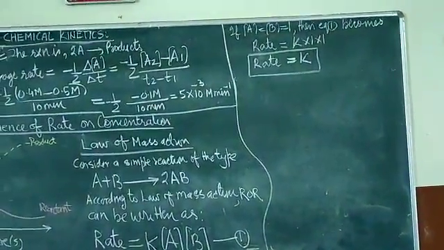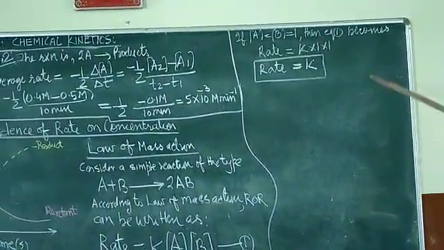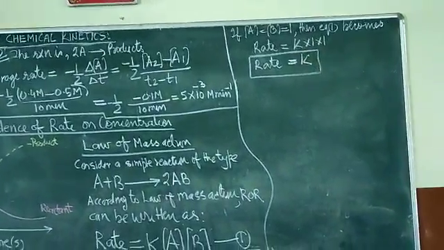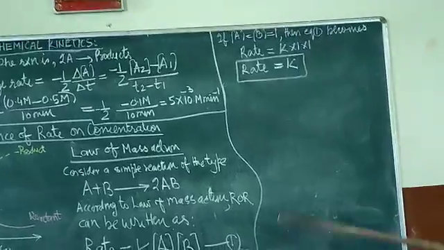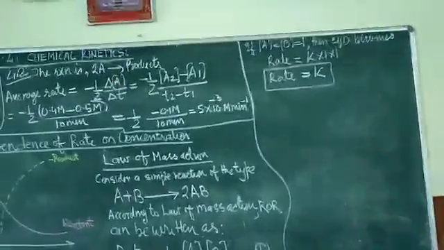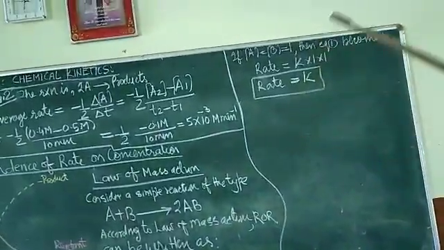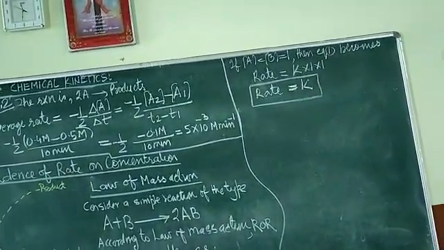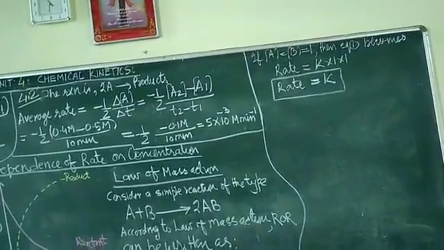Coming to some of the characteristics of K. What are the characteristic properties of this rate constant? Number 1, rate constant is a measure of rate of reaction. Larger the value of K, faster is the reaction. Similarly, smaller value of K indicates slower reaction.